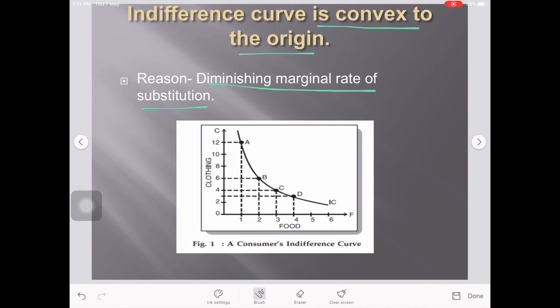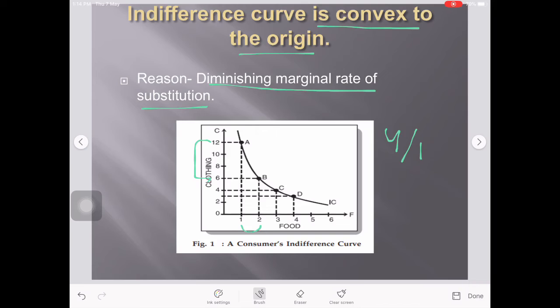This can be understood with the help of this diagram. In the first case, when the consumption of food increases from 1 to 2 units, the consumption of cloth decreases from 12 to 6 units. So, 4 units of cloth are sacrificed for 1 unit of food.